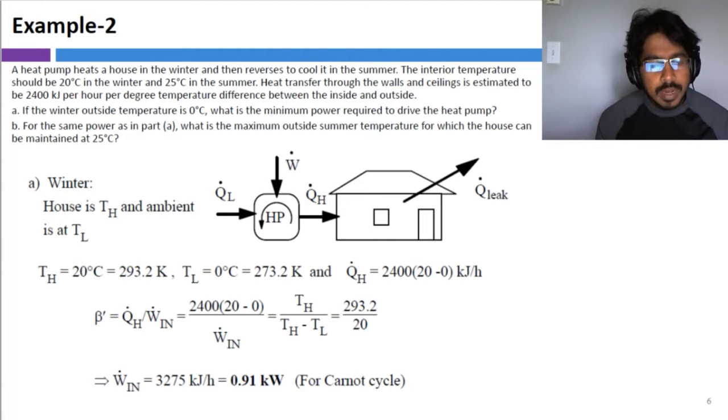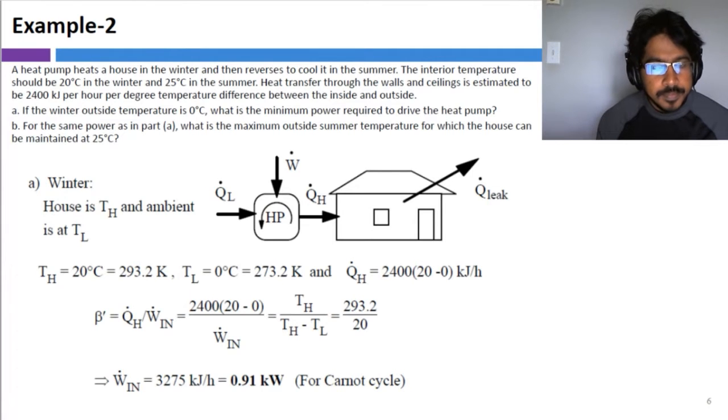So this is one advantage of using a heat pump. It can be used for both heating and cooling purposes by reversing the cycle. In the heating mode, we add heat into a given house. In a cooling mode, we remove heat from a given house. So that is the idea.